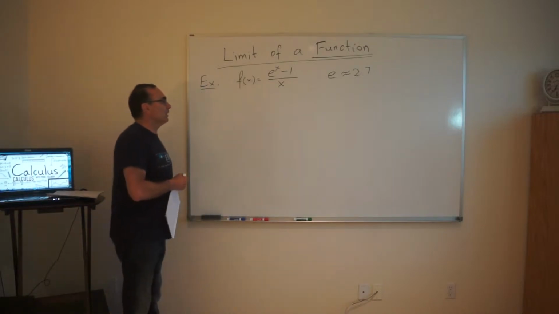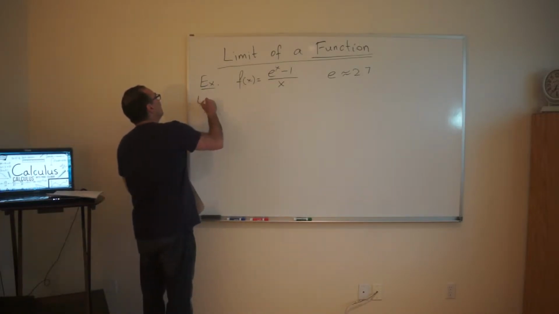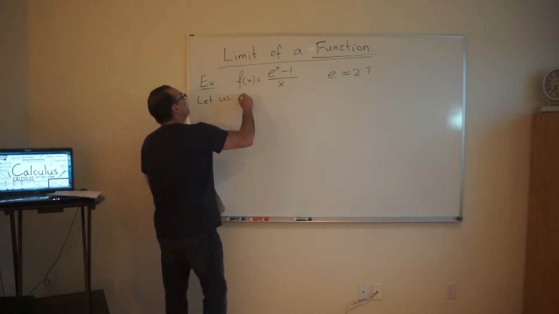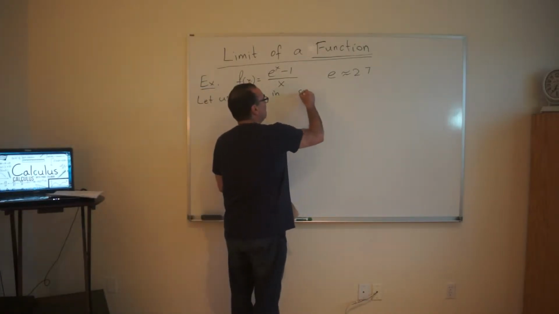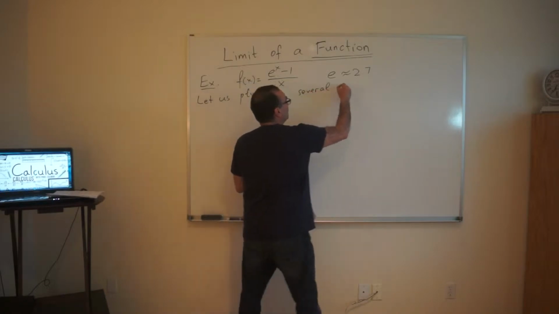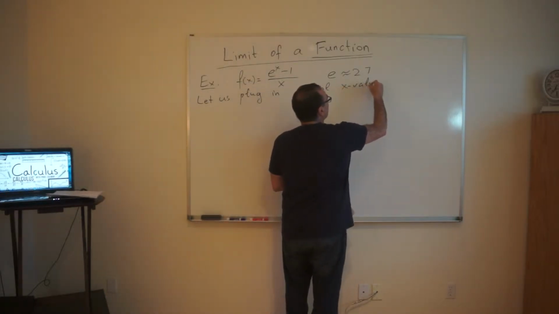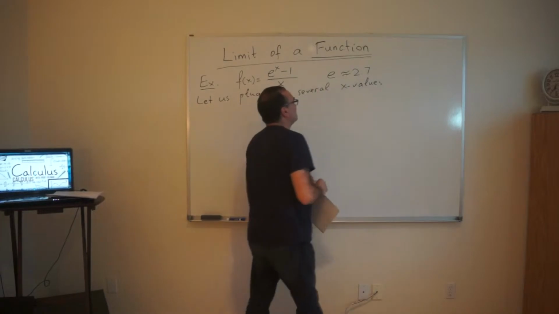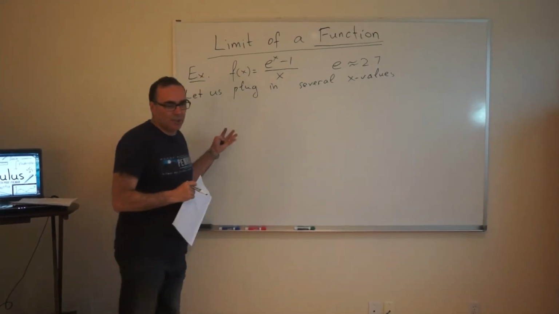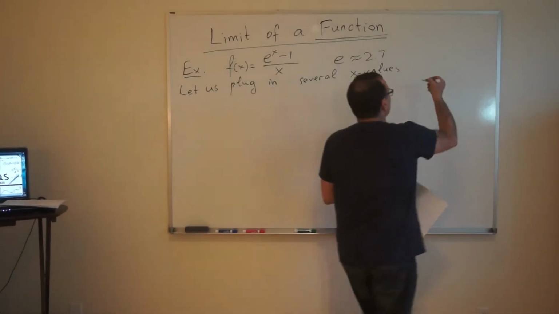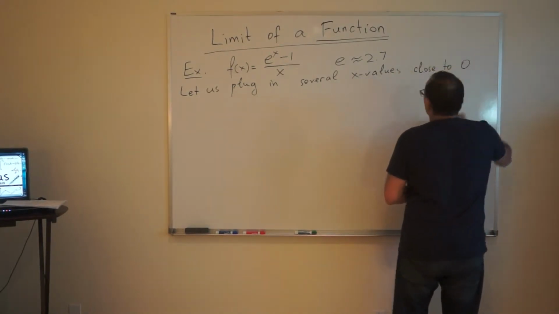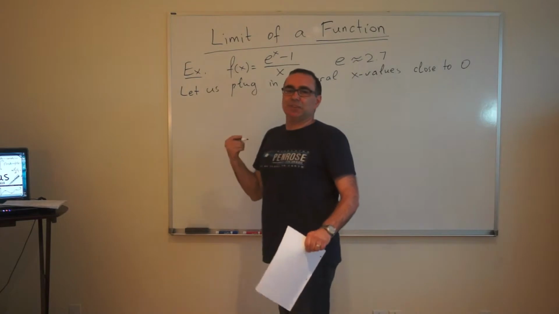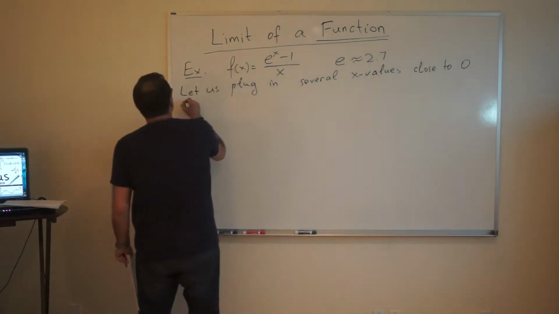So let us plug in several x values which are close to 0. We cannot plug in 0, so several x values which are close to 0. Of course, close to 0 just means small.